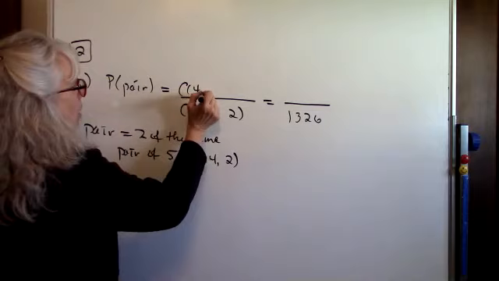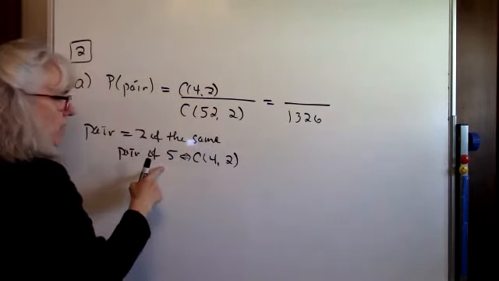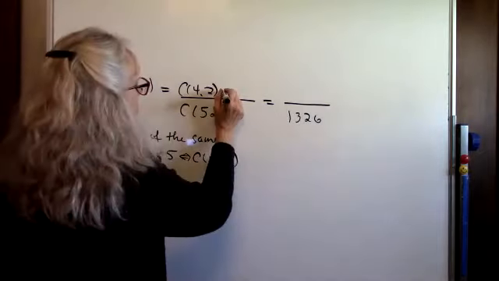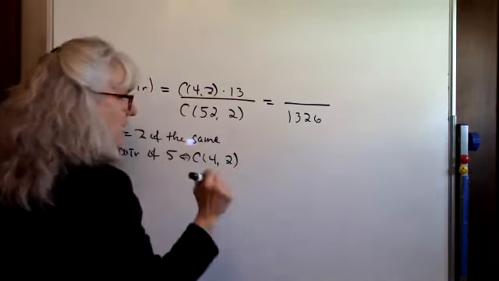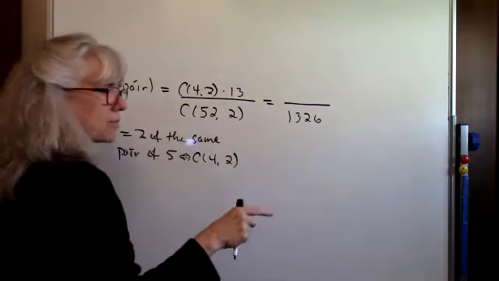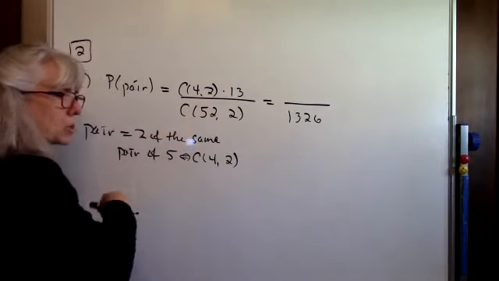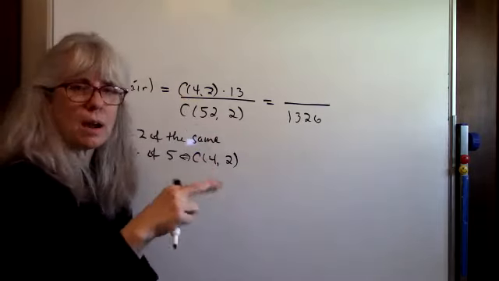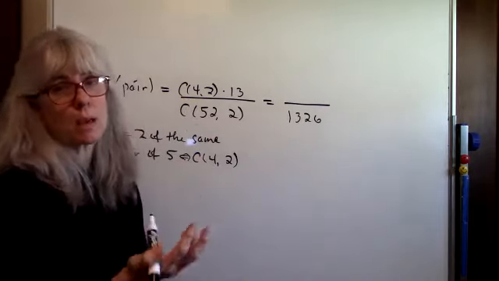So the problem is we can't just have a pair of 5s. It could be a pair of aces or a pair of jacks or a pair of 3s. So there are 13 different pairs you could have of numbers. So the 13 is accounting for the different pair of numbers that you have. The 4 choose 2 is the number of ways of picking the pair amongst the 4 cards that would make up a pair.